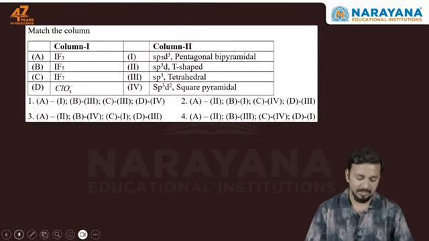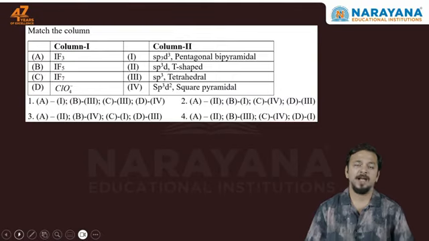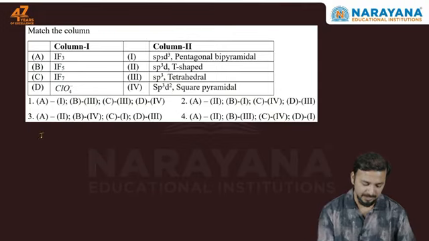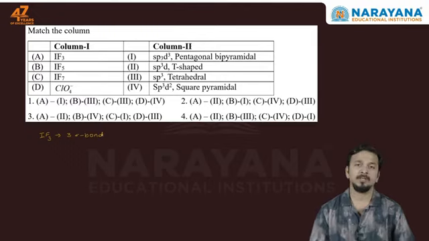The next question is from chemical bonding. It is asking us the hybridization and shape of the molecule. The first molecule is IF3. In IF3, there are 3 fluorine atoms, so it forms 3 sigma bonds, and iodine has a total of 7 valence electrons, out of which 3 are used for bond formation.